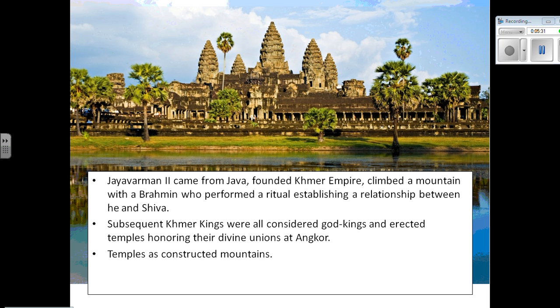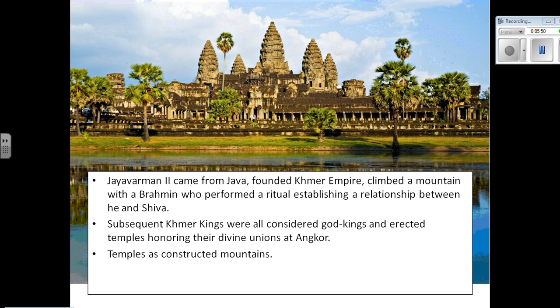So we have this creation myth with Jayavarman ascending the mountain with the Brahmin, and we have temples that, in a way, pay tribute to that story as constructed mountains.